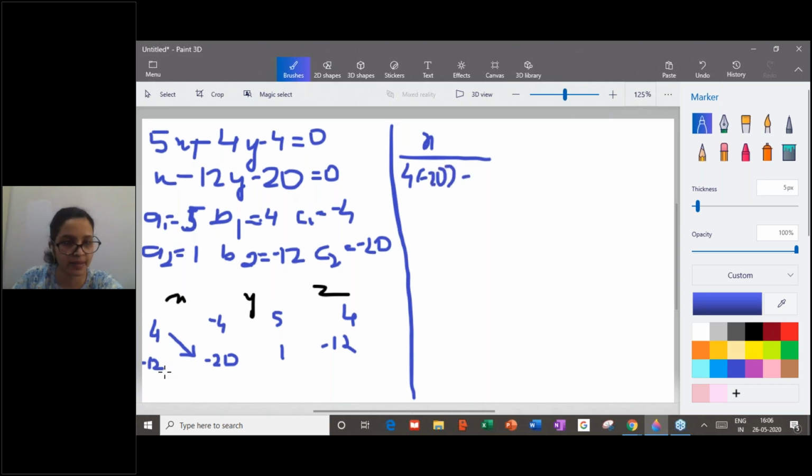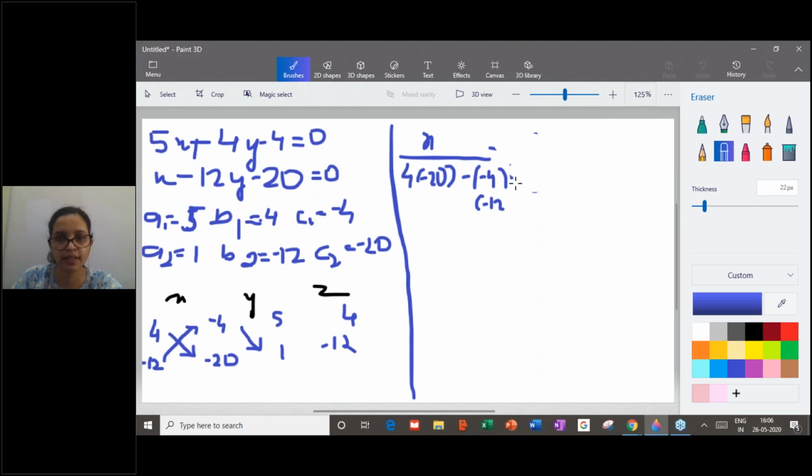Now you're going to go up, right? So automatically put a minus sign and into minus 4 into minus 12, right? Is equal to y by, go down, minus 4 into 1.